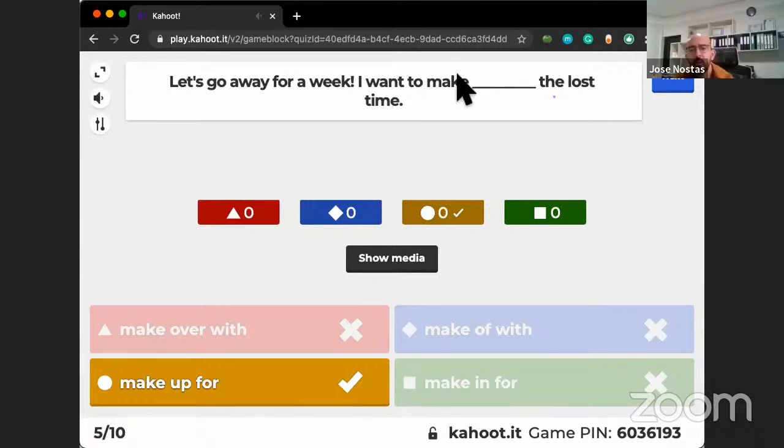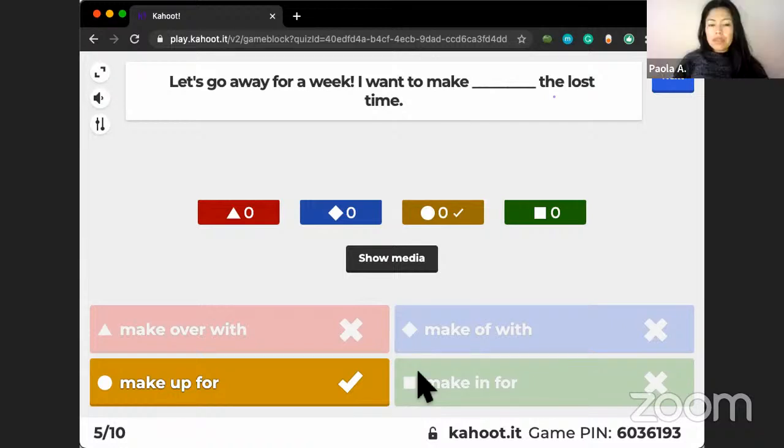Make up for, in this example, it's like they have been working a lot and they just want to relax for a time.